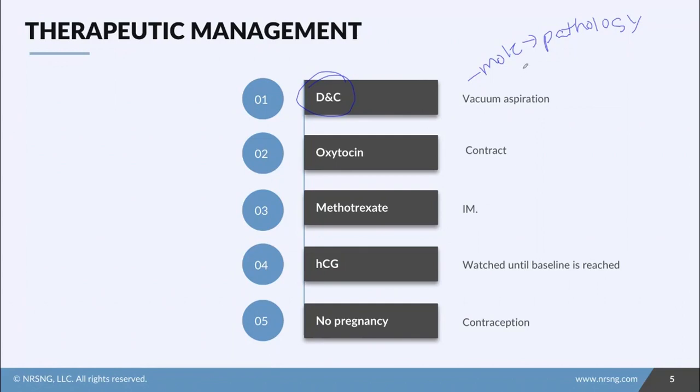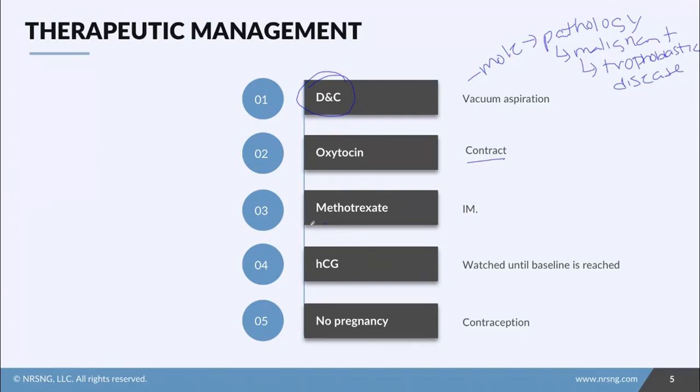When it becomes malignant, this molar pregnancy has now turned into what we call a trophoblastic disease. We're going to need to give the patient oxytocin because that's going to help contract the uterus to get it back down. Remember that uterus has grown quickly, so we need to contract it to quickly get it back down to the pre-pregnancy state.